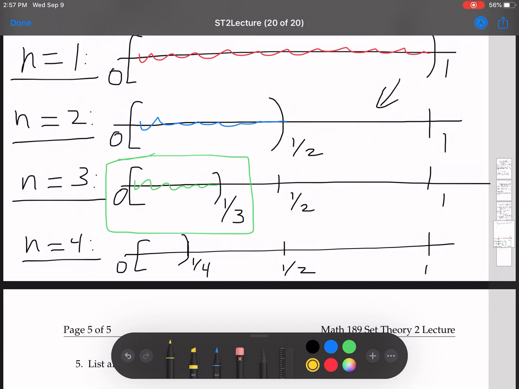Try yellow here. So now we have yellow. What's common between green and yellow? This is going to be the yellow.